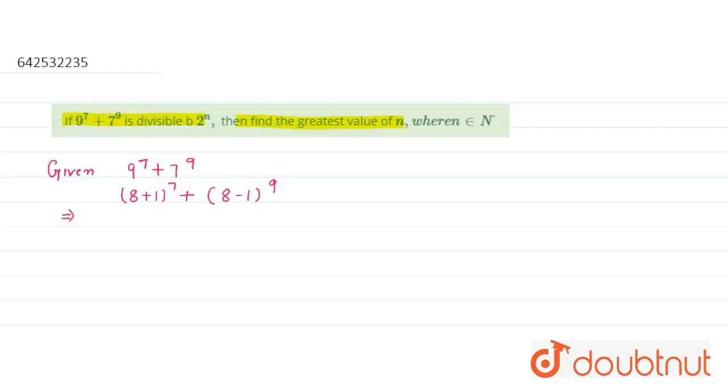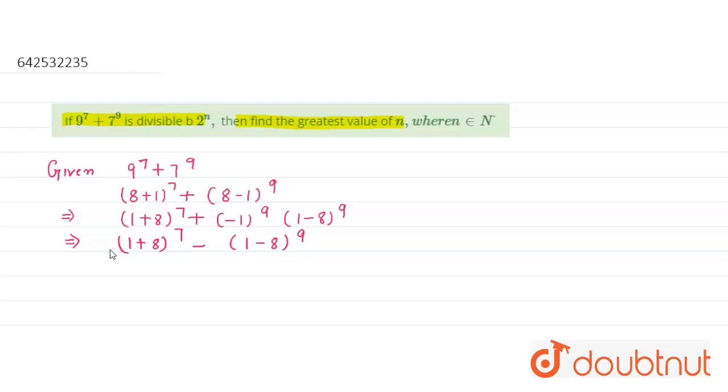Now I can also write it as 1 plus 8 raised to the power 7 plus, taking minus 1 common, its power 9, so it will become 1 minus 8 raised to the power 9. If the power is odd, then it will become minus, and this is 1 minus 8 raised to the power 9.